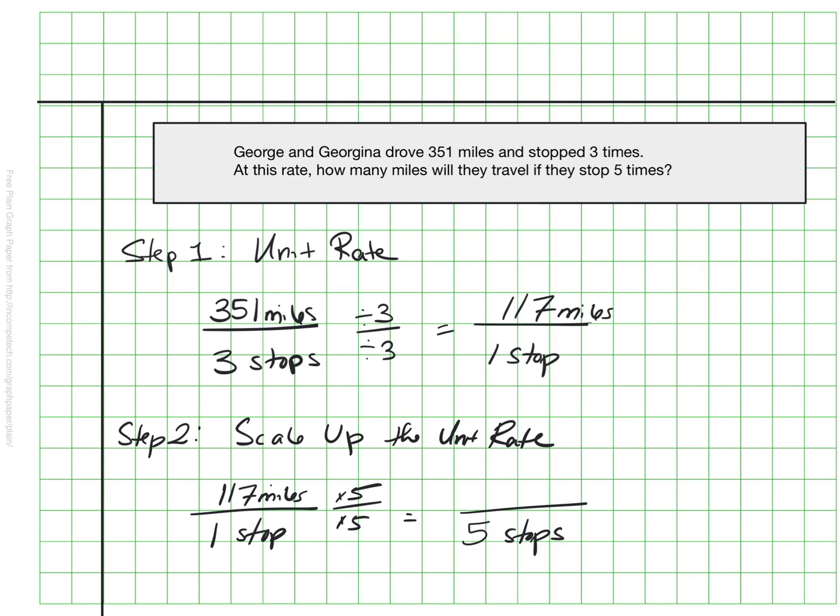And 117 times 5 happens to be 585 miles. So we know that would be our final answer. If they stopped 5 times, they went 585 miles. I first found the unit rate and then scaled that up.